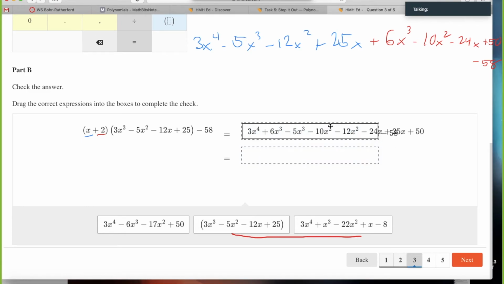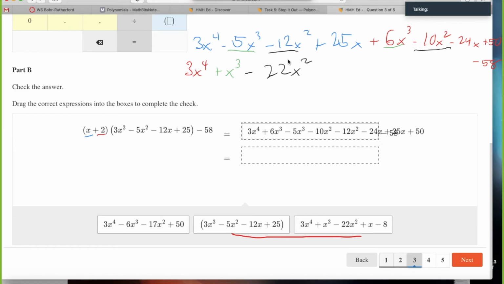So then we combine like terms. Let's see here. So 3x to the fourth. We've got an x to the third, so that's going to be plus x cubed. We've got an x squared, an x squared. They're both negative, so minus 22x squared.